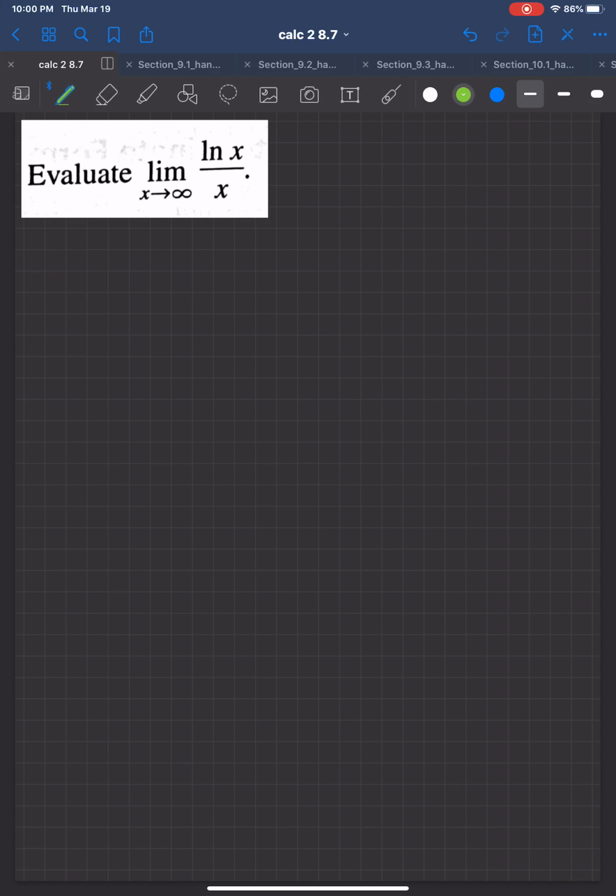So now we want to evaluate the limit as x approaches infinity of ln of x over x. Again, you can always start with trying your algebraic techniques, but I'm going to go ahead and come down here, write my limit as x approaches infinity, and I'm going to take my derivatives right now.